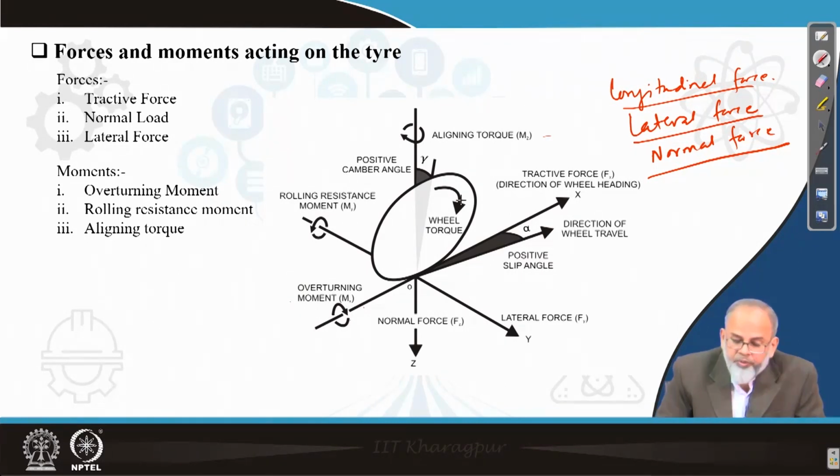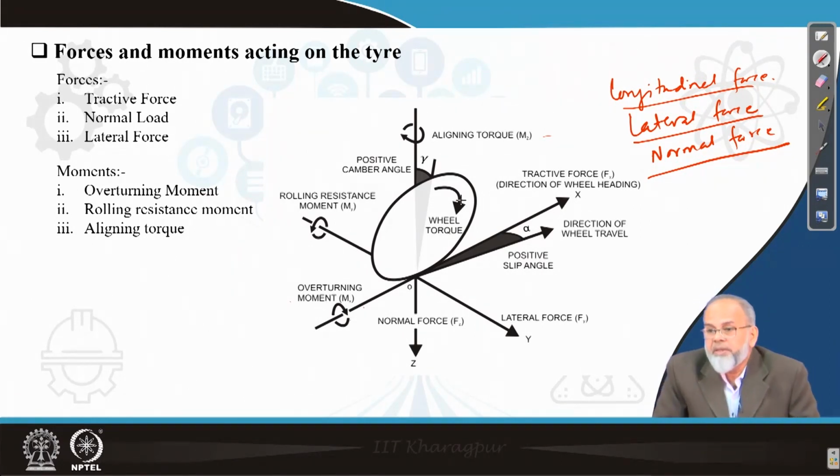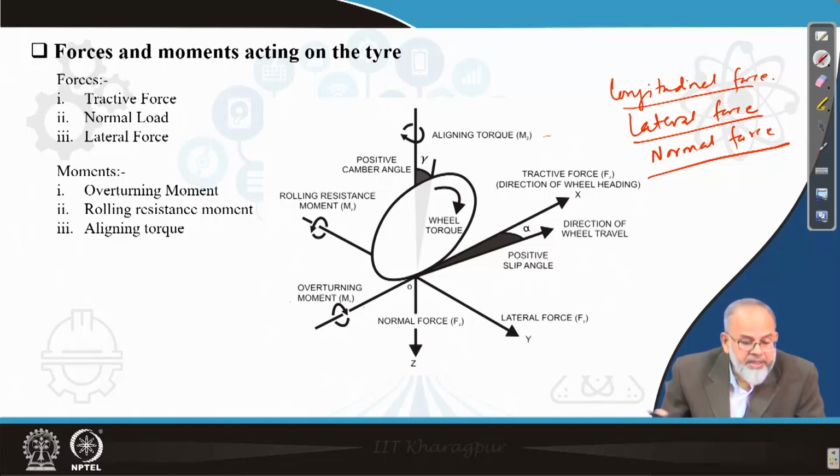These two angles are important because they are responsible for developing the cornering forces and the steering. When we cover that, we will discuss their effect and how they are to be controlled. In summary, there will be three forces and three moments acting, and this is the axis system prescribed by the Society of Automotive Engineers to define different performance parameters.